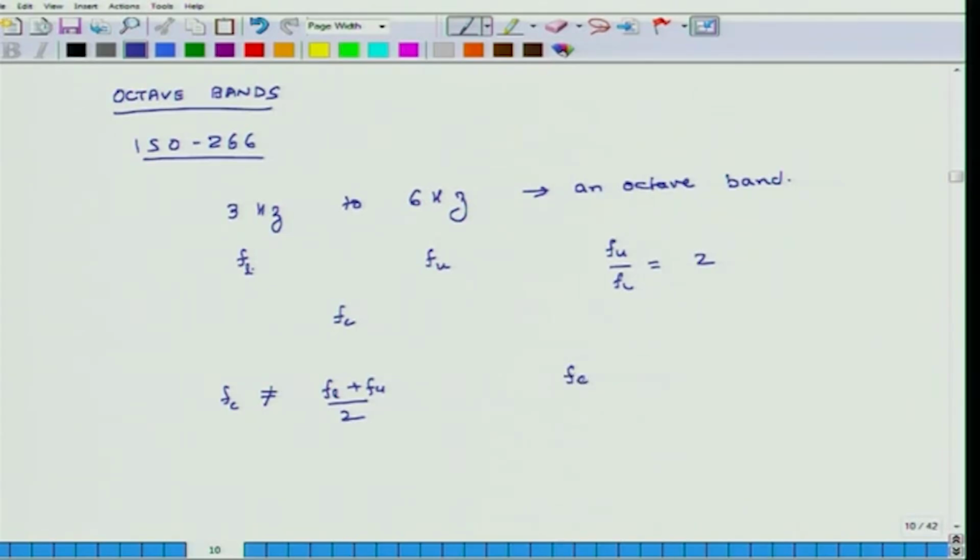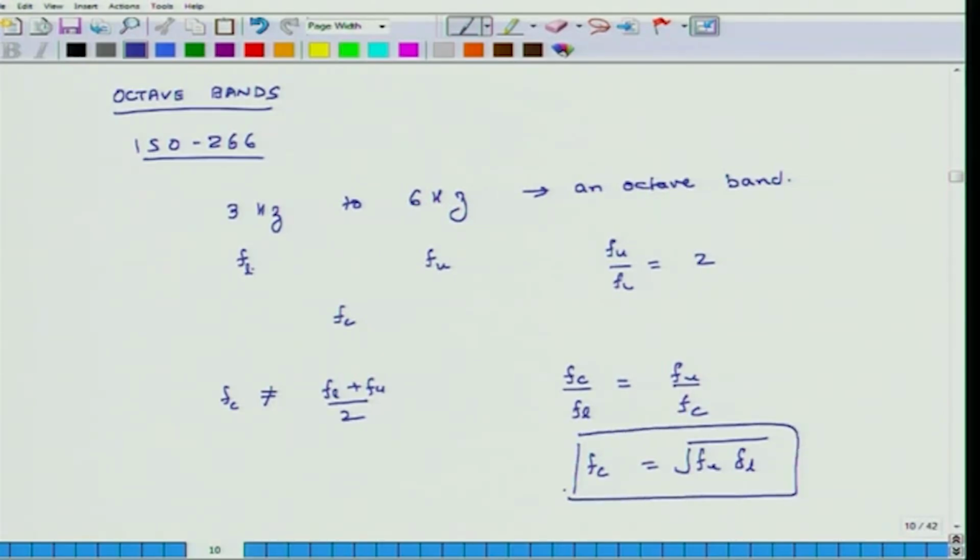Okay. So Fc over Fl should be the same as Fu over Fc. So in the same proportion, the value has to go up. What that means is that Fc equals the square root of Fu times Fl. Okay. So there shouldn't be a square sign here. So this is how you calculate the center frequency of an octave band.